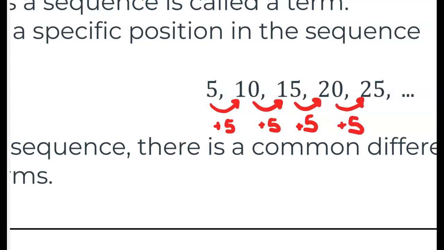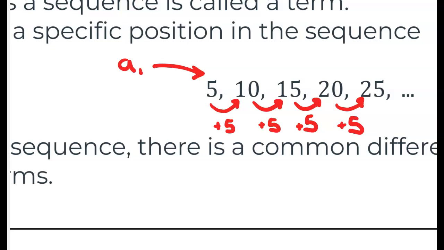Each one of these is a term. So 5's a term, 10's a term, 15's a term, 20's a term, 25's a term. We would say 5 is our first term. And the notation that we're going to use is a capital A for arithmetic, and a little 1 underneath it.